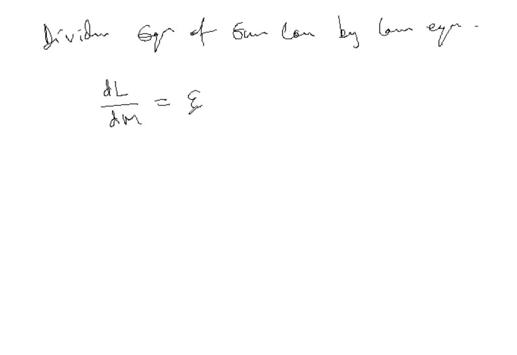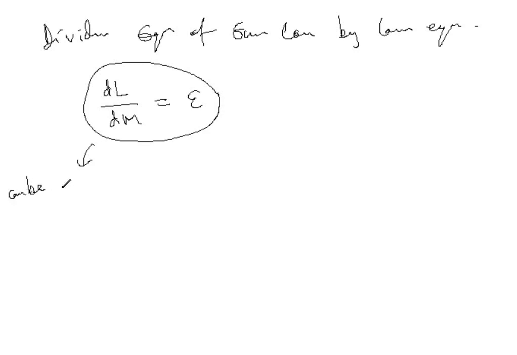This is basically the Lagrangian form of the equation. And this equation shows that the energy lost by the star must be compensated by the energy produced by nuclear reaction.